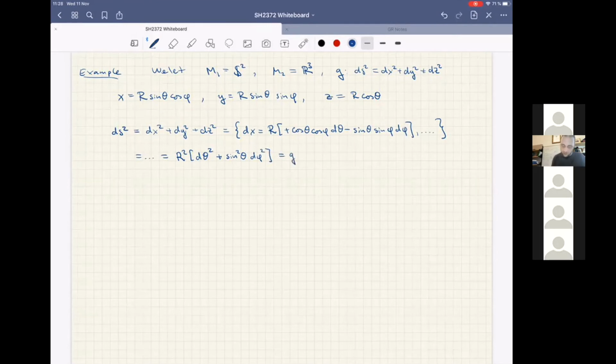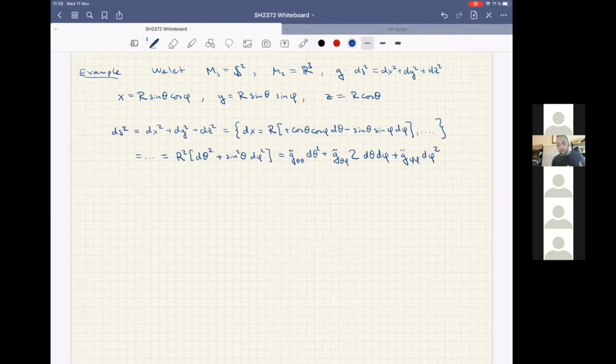So this is g tilde theta theta d theta squared plus g tilde theta phi. Well, actually, there's a 2 because it's symmetric. d theta d phi plus g tilde phi phi d phi squared.